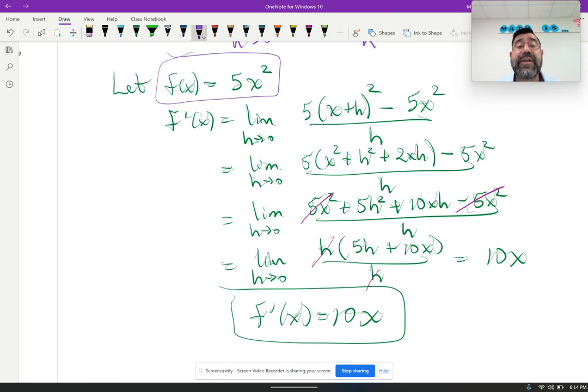If I ask you for the instantaneous rate of change at x equals negative 2, you just substitute a negative 2 in there. So the whole idea here is we're building a formula that finds the slopes, or the derivative values, for a specific function, but it puts it in a form where I can find whatever slope at any given x value.